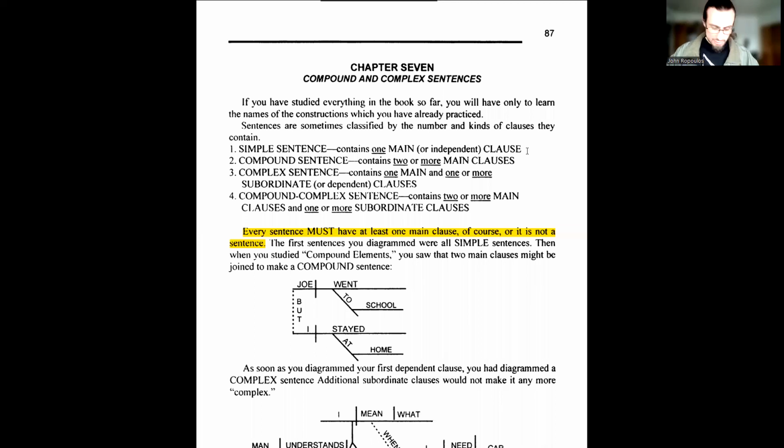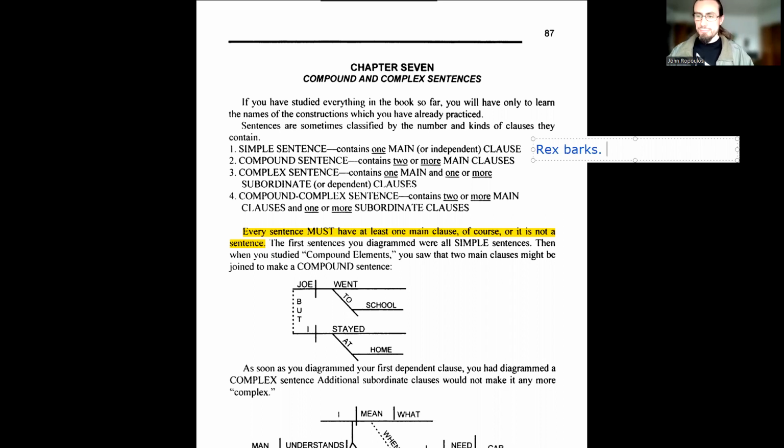These are the sentences that you know, like Rex barks, I saw John, I ran away, etc. A subject and a predicate that stand alone. They don't require anything else. That's a simple sentence. Easy.